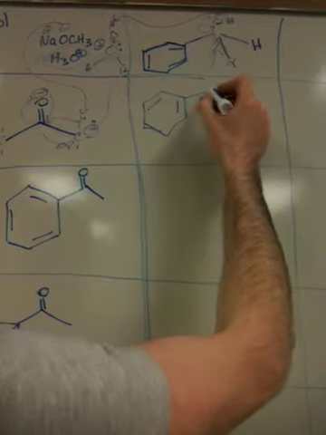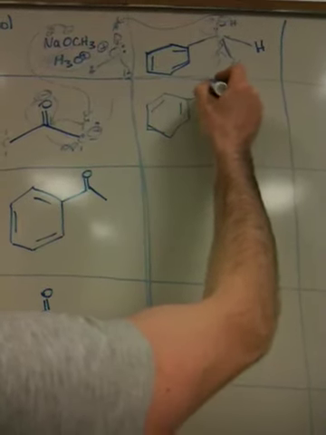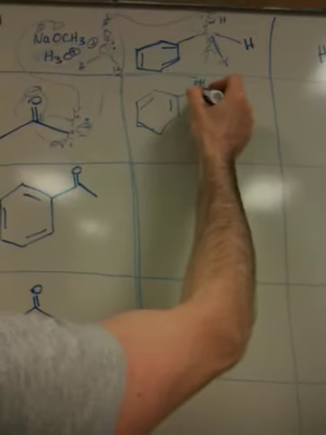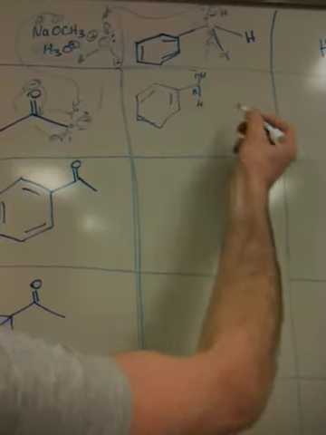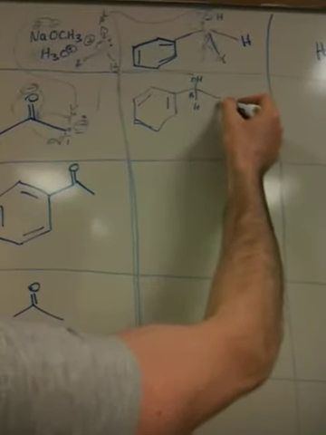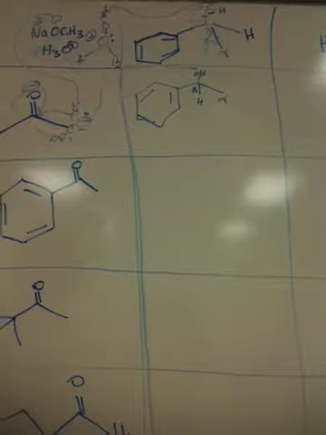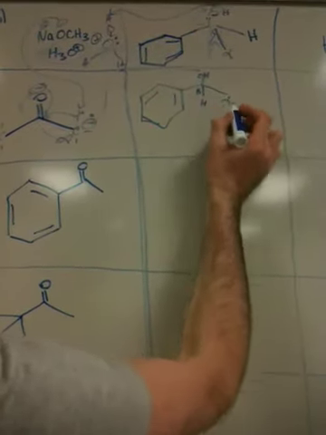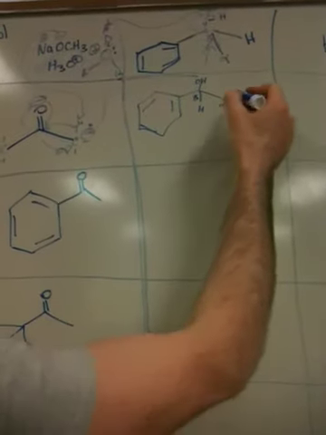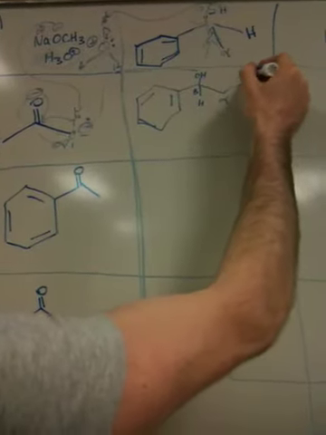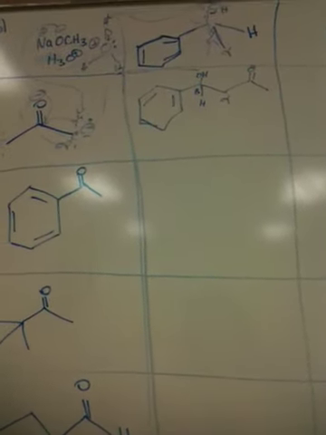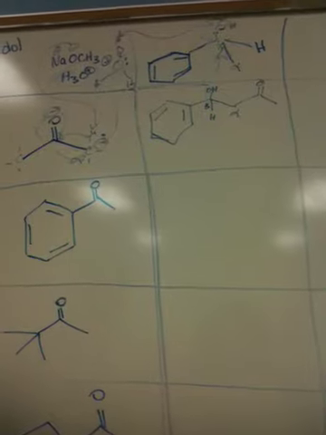This is beta. There's your H right here. There's your alpha, or A goes to B. So literally just connect A to B. And that's the product. So hopefully that's clear.